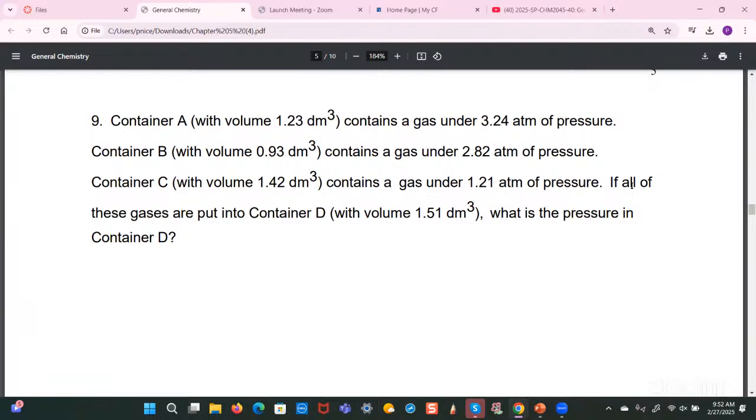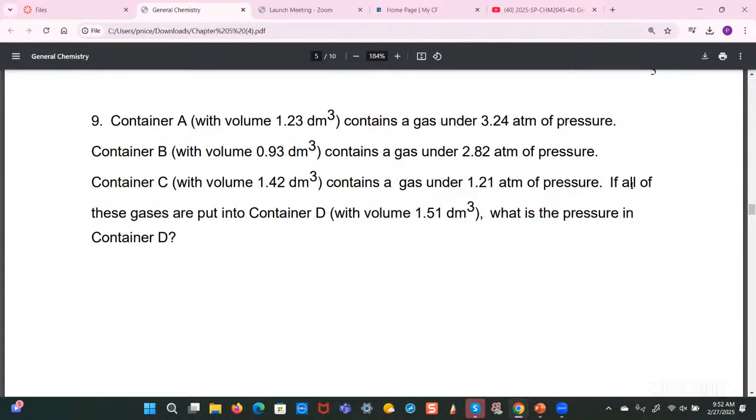It says if all these gases were put into a fourth container, the volume of which is 1.51 decimeters cubed, what is the pressure of the gases in that container? So let me ask you this. What law do you think comes into play in this particular question?